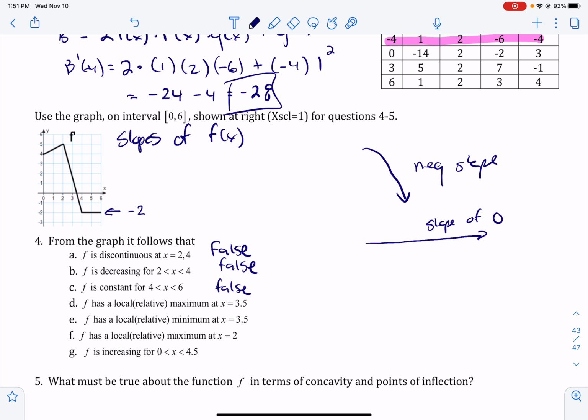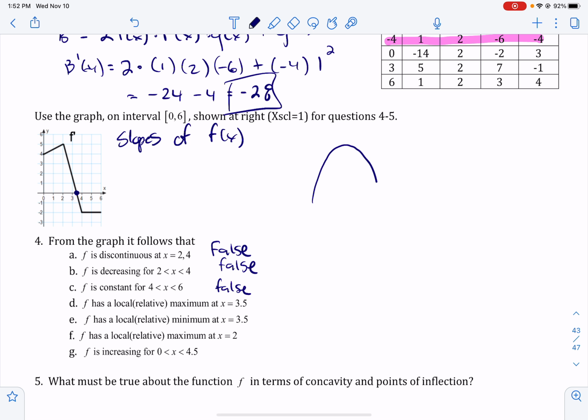D: f has a local relative maximum at 3.5. So let's get rid of some of this. To have a maximum, my derivative should be 0, which it is. And if you think about a maximum, I have a positive slope and then it turns into a negative slope.